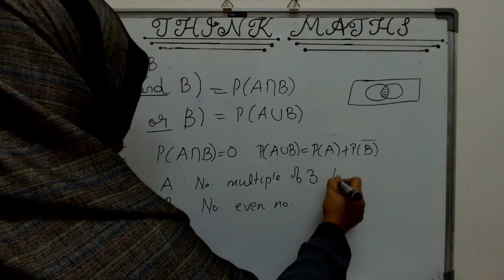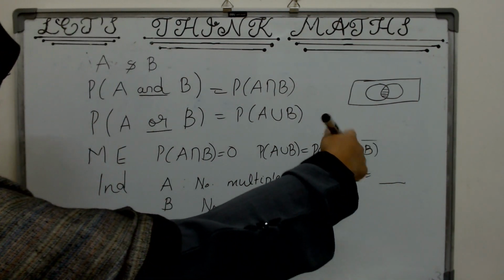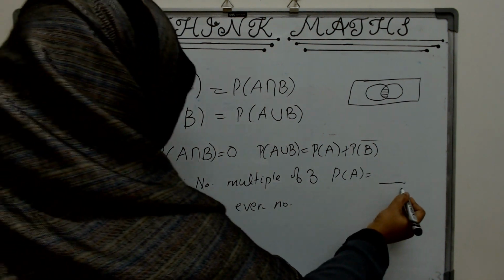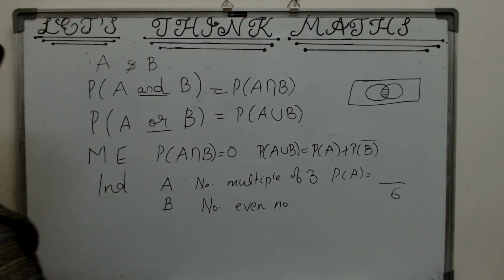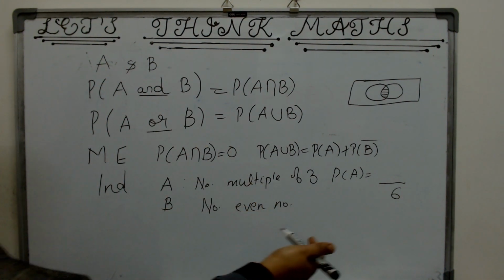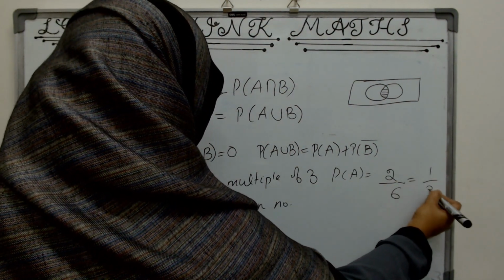Now tell me, what is the probability of A? Any probability is favorable outcomes by total number of outcomes. What is the total number of outcomes? The die has 6 numbers. So 6 is the total number of outcomes. What are the favorable outcomes? There are only 2. What are the two multiples? 3 and 6. So probability of A is 1 by 3.